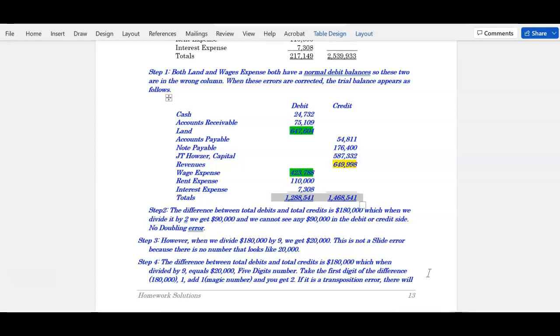In step 2, you get the difference of these 2 balances, and it's 180,000. You divide 180,000 by 2, and the answer is 90. Do you see any 90,000 here or here? No. Then move on to step 3. So there is no doubling error.